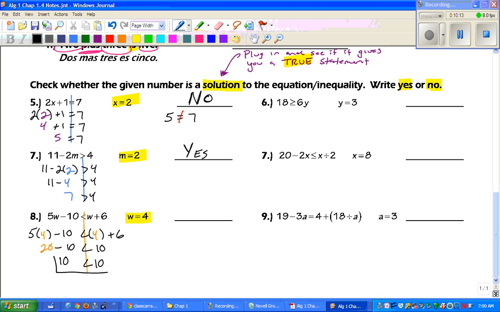So this is saying 10 is less than 10. Is 10 less than 10? The answer? No. Now, if it said less than or equal to, is that a true statement? Yes. But that is not what our problem said.